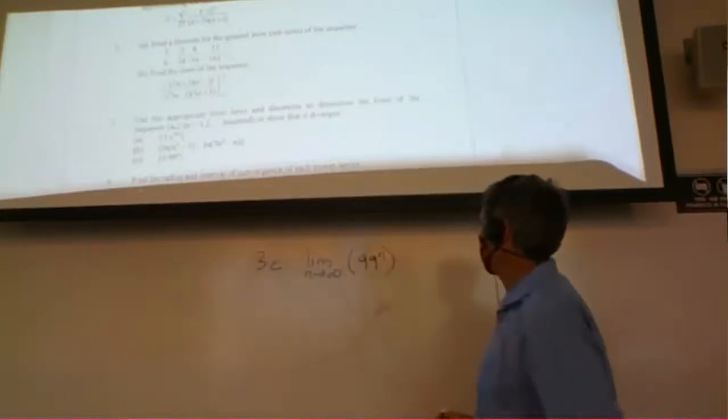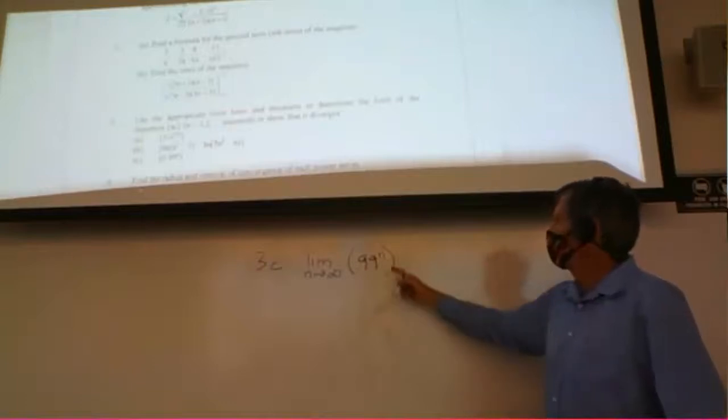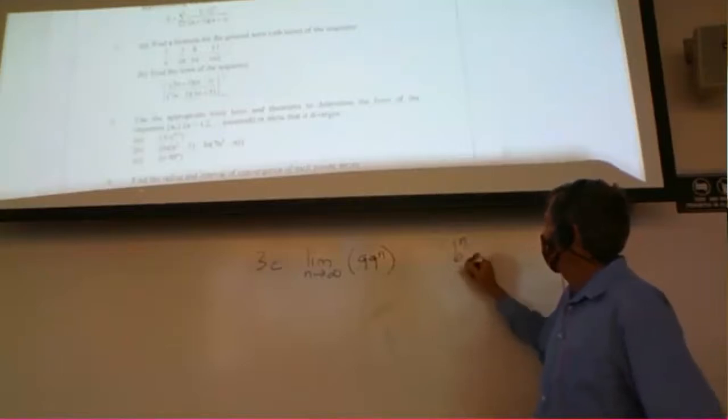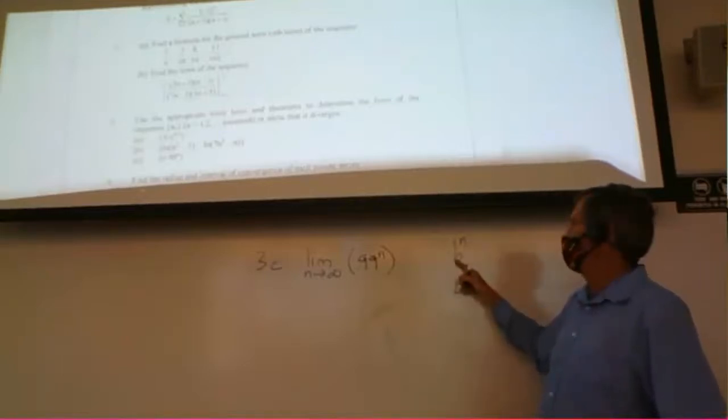You can do the same trick as before to establish it, but for any b to the n with any base between 0 and 1, the limit is automatically 0, right?